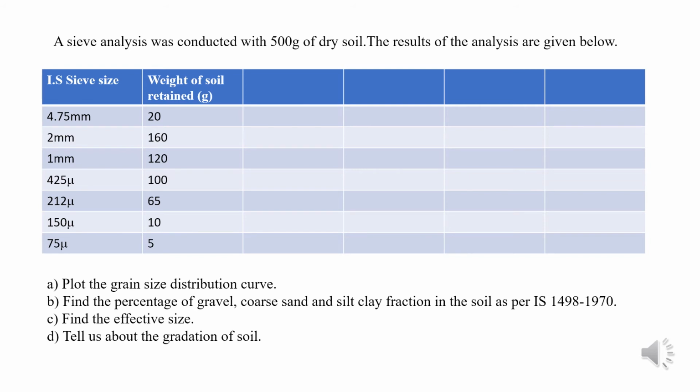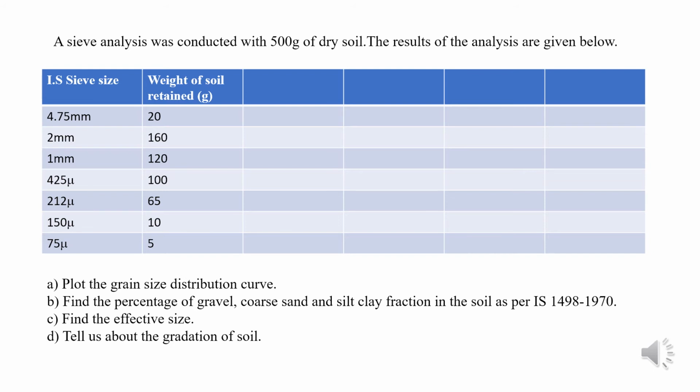So let us solve one given problem, about finding the grain size distribution curve corresponding to a sieve analysis conducted with 500 gram of dry soil. In my previous lecture we already got some idea about how to determine the percent finer corresponding to sieve analysis. So through a problem, through the table given below, let us try to make that idea more clear.